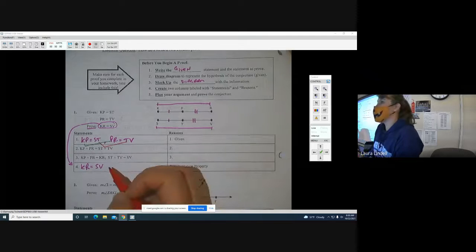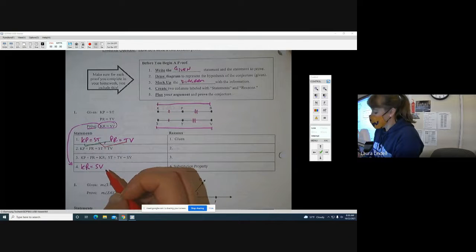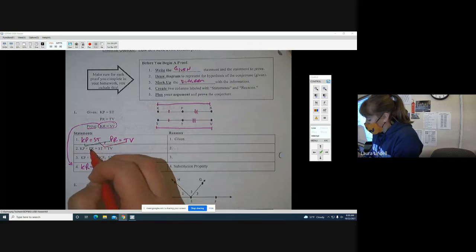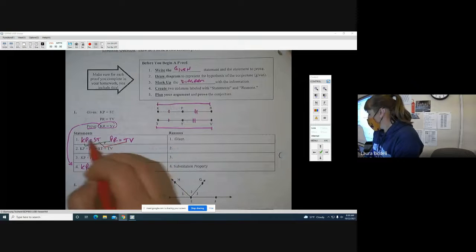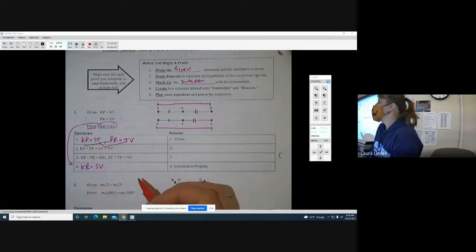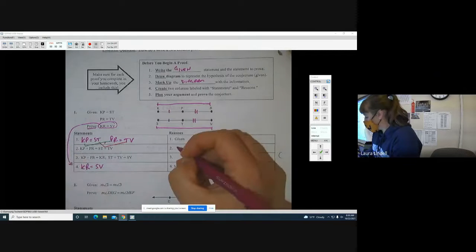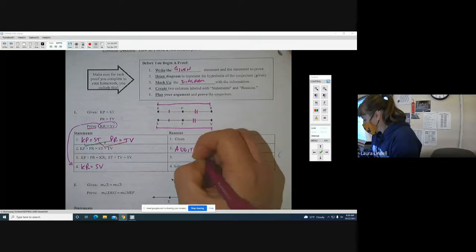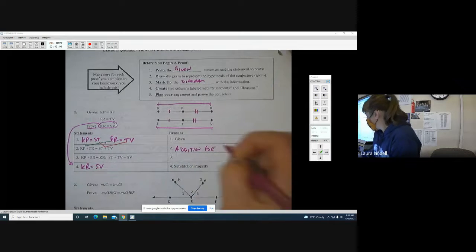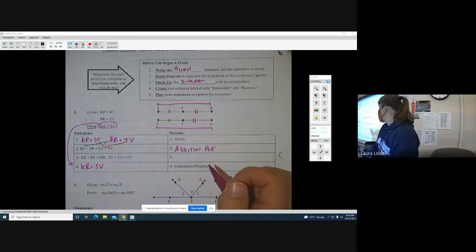This one is just the straight up addition property of equality. Because if you think of it as starting with this and then adding something that's the same to both sides, that's how that one works. It's kind of a strange way to look at it, because it's also sort of substitution. But that one's addition property of equality.